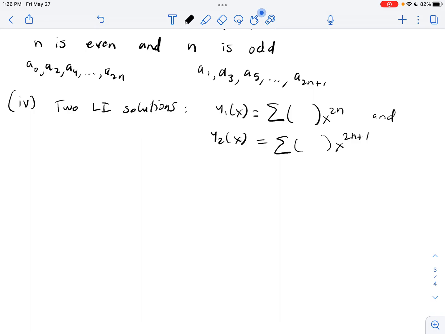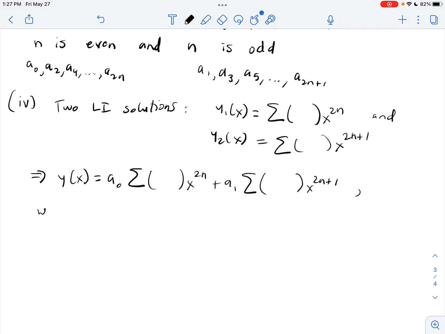Those will be your two linearly independent solutions, and this will mean that y of x will always be a naught times the first series plus a1 times the second series, where a naught and a1 are arbitrary constants.